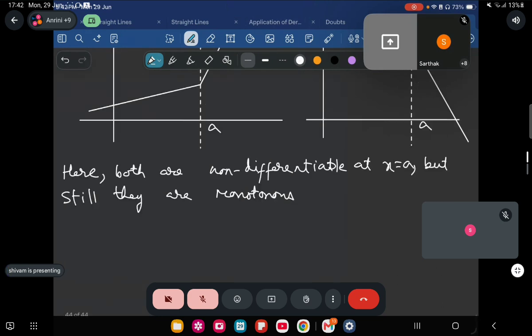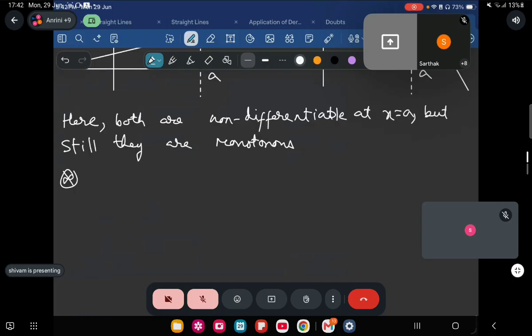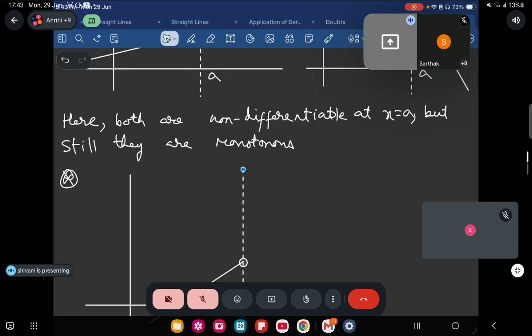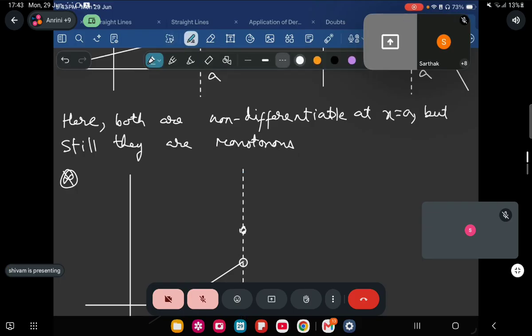Okay. Next, another question. This function, what do you think? Is it continuous at x equal to a? Tell me. No, sir. This function is discontinuous at x equal to a. But still, can I conclude that the function is monotonic?